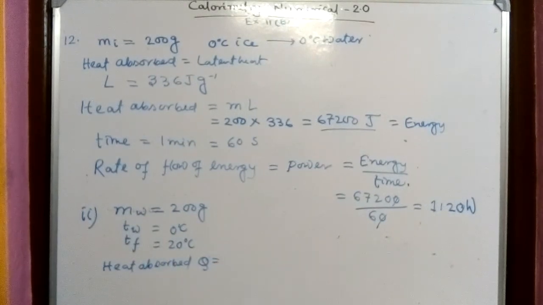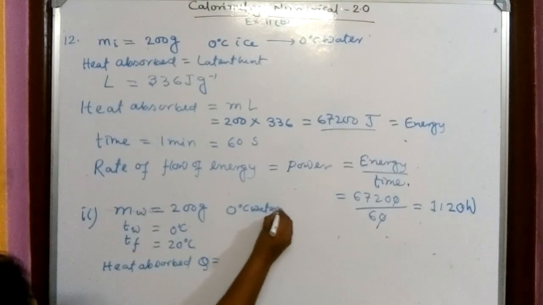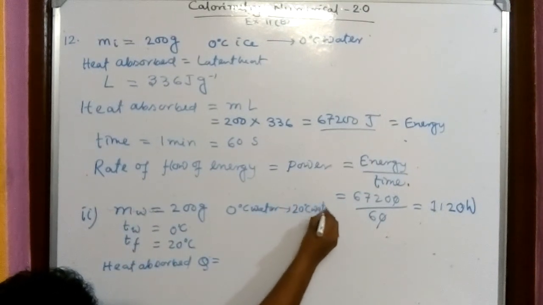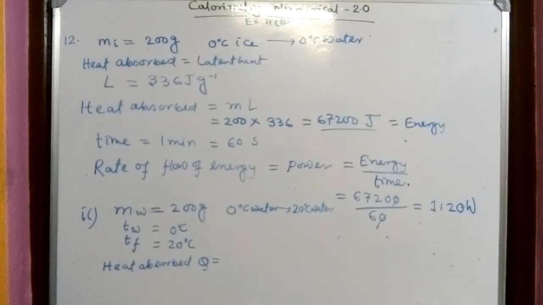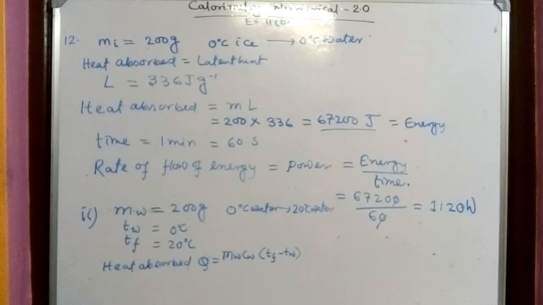Q equals, see here the temperature is changed, that means 0 degree centigrade of water to 20 degree centigrade of water. So here no phase change occurs, only temperature is changed. So temperature change means MC del T. So it is MW CW and TF minus TW, that is the del T. What is the value of MW? 200. What is the value of CW?